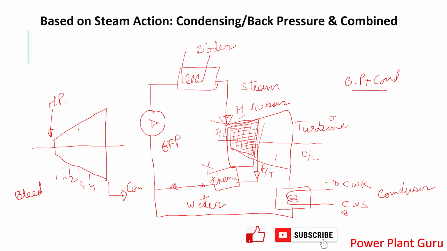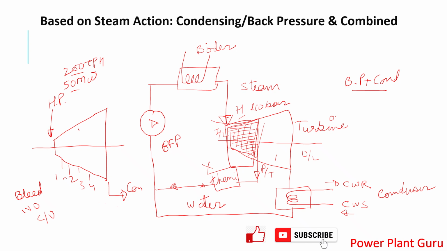So there is no control valve. Let's say you are running your machine at 50 megawatt, and for 50 megawatt maybe 200 tons per hour of steam you are putting into the turbine. Then each bleed will have a certain fraction of this 200 tons, and according to that loading each bleed will have certain fixed steam which will come out.